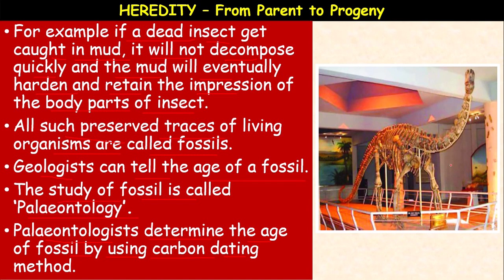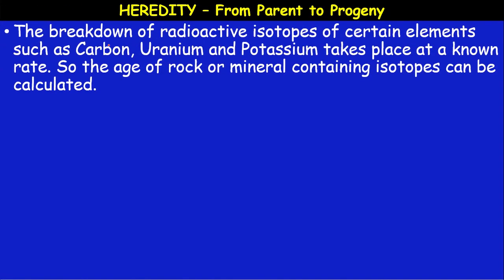It is an artificial dinosaur which is constructed using plaster of Paris. So, the breakdown of radioactive isotopes of certain elements such as carbon, uranium and potassium takes place at a known rate.